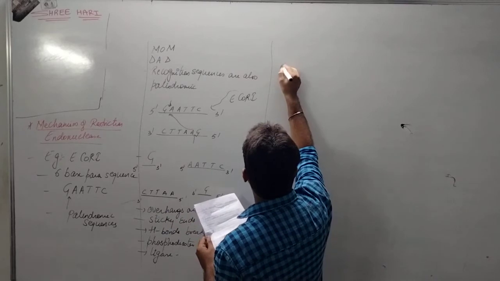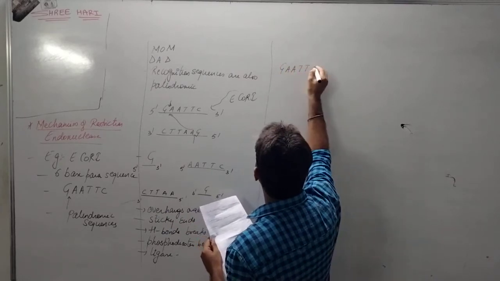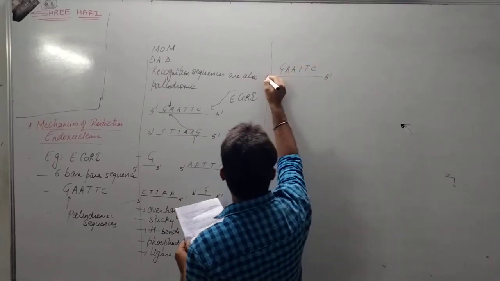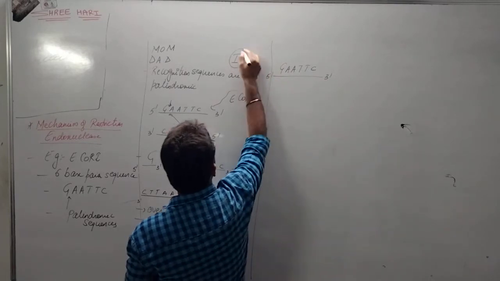Again, GAATTC, 5 prime to 3 prime. This is the first mechanism.